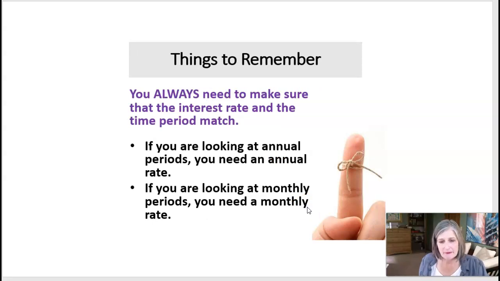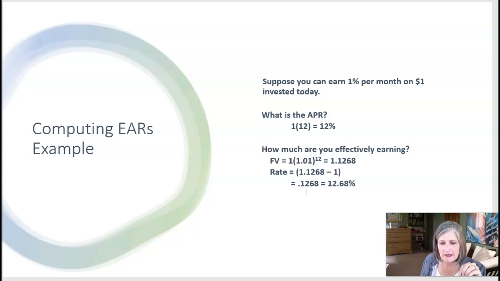We already did that piece. We always want to make sure when we're doing our present value or future value calculations that the interest rate and the time period match. What do I mean by that? If we're taking a 12% APR that's compounded monthly, we're going to use the 1%, and we're going to use the 12 as the number of periods. For a monthly period, we need a monthly rate. For an annual period, we need an annual rate.